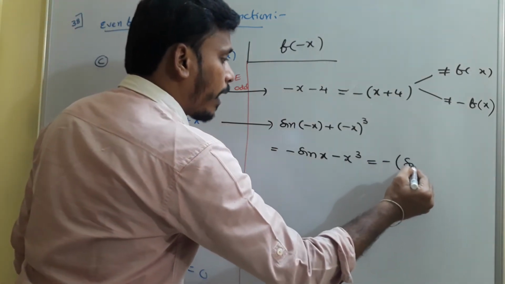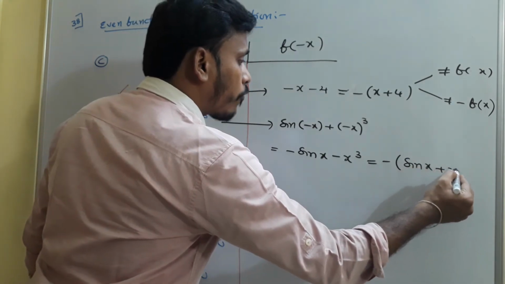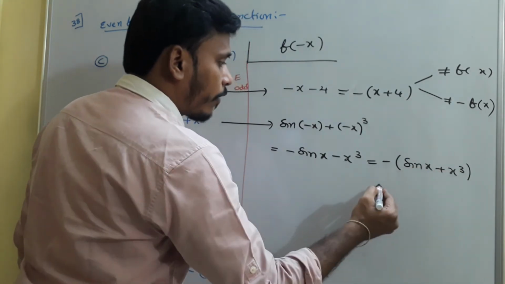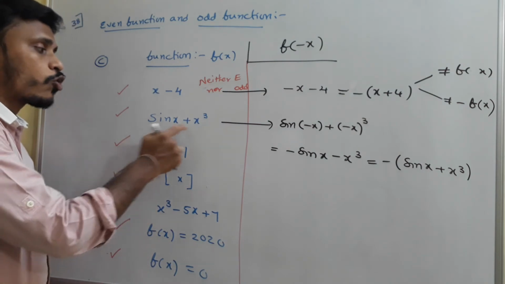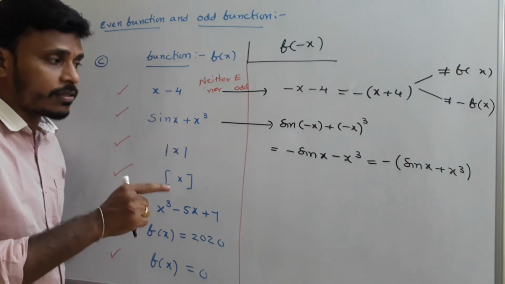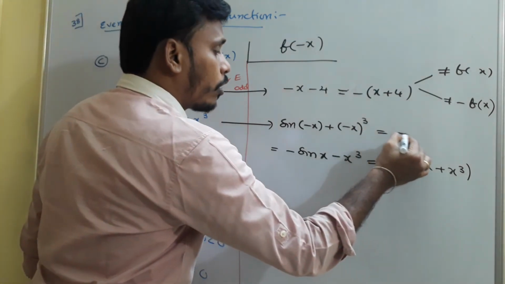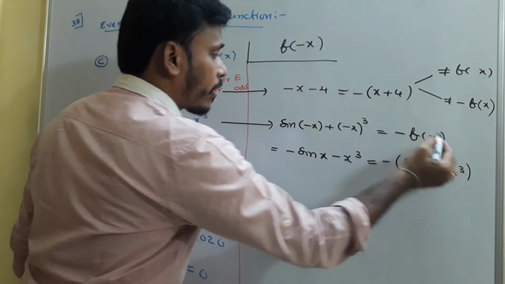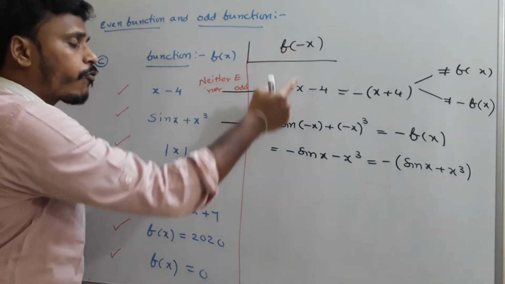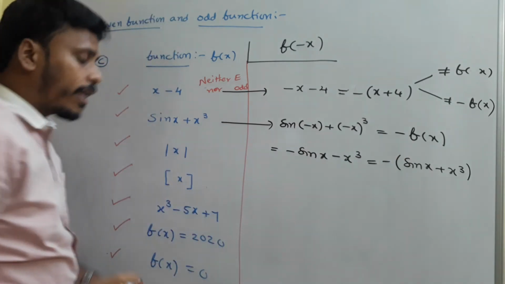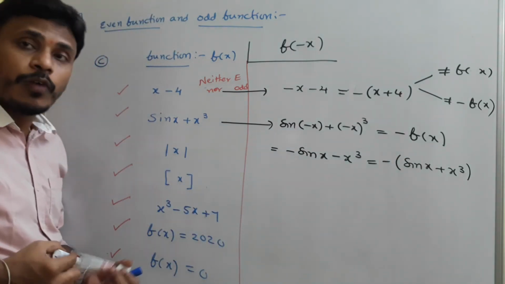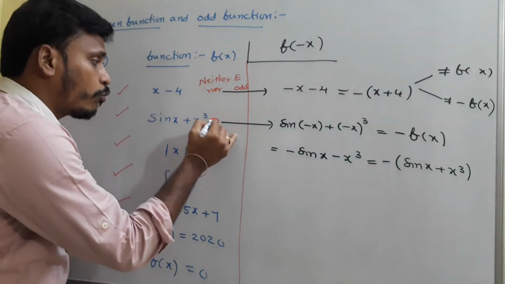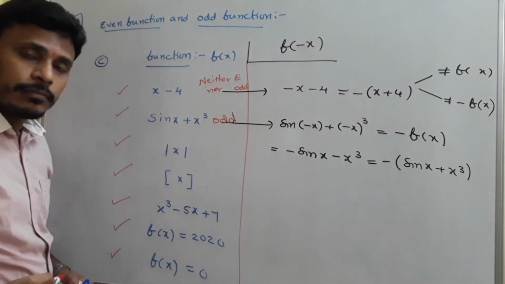When you take out the minus, it becomes minus of sin x plus x cube. And we know this sin x plus x cube is again f of x, so this equals minus f of x. So f of minus x equals minus f of x, and that's why the function sin x plus x cube is an odd function.